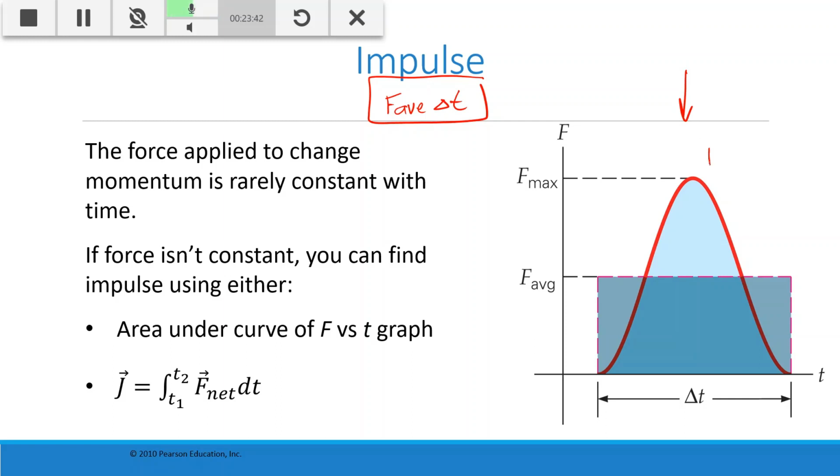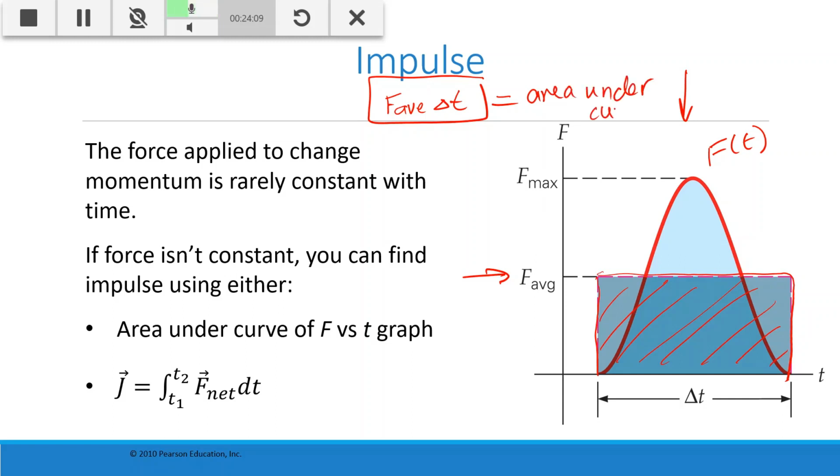So say we have a function here, F of t, that describes the force over time. If you use F average times t, then basically what you're doing is finding your average value applied over the time and assuming that that is constant. If you take F average times t, that's approximately the same thing as taking the area under the curve of this graph, but assuming that the graph was horizontal.